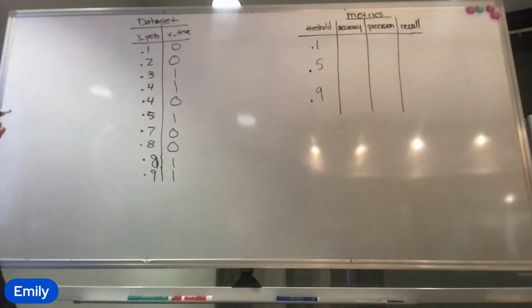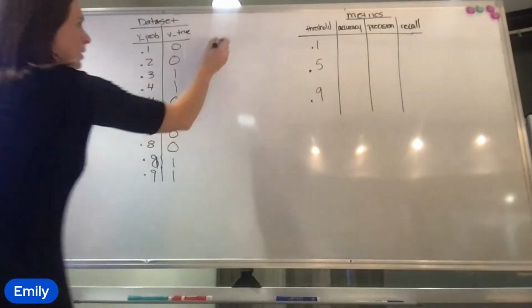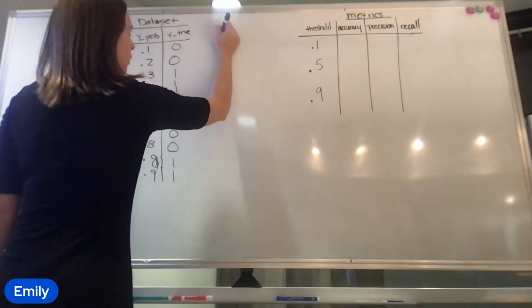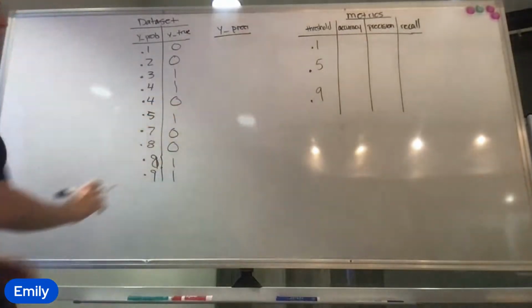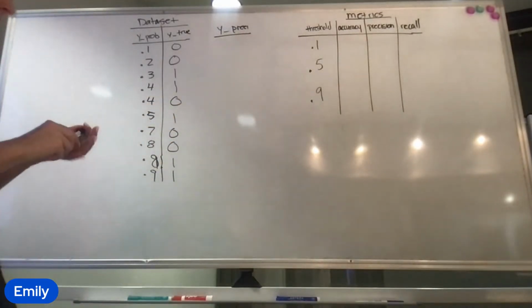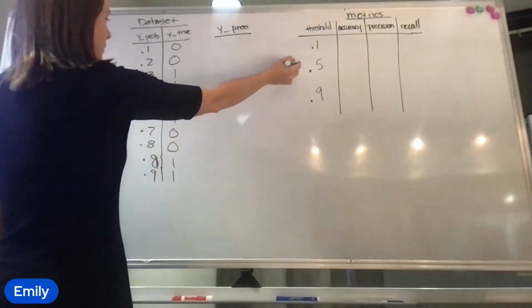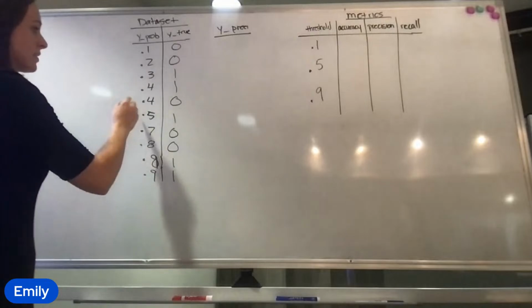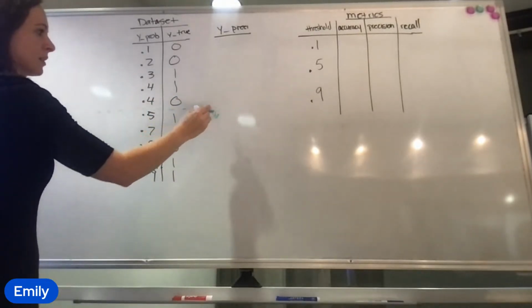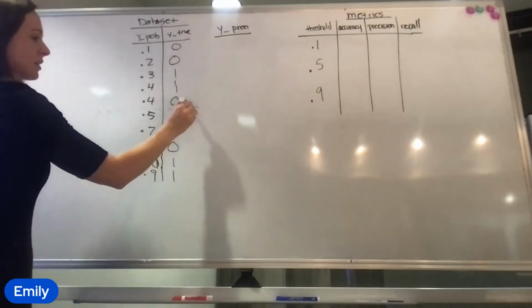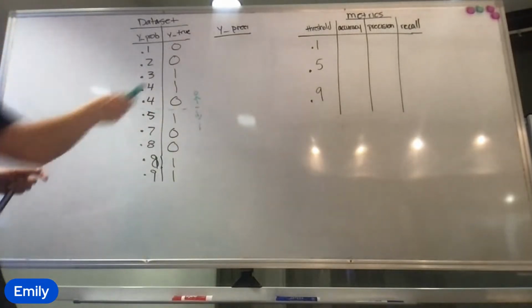Okay, so let's look at our threshold of 0.5. So we're going to do a y pred column that we're going to change each time. When we set threshold equal to 0.5, that means that we're going to draw a dotted line here, and everything greater than this is 1, and everything less than this is 0 from a y pred.